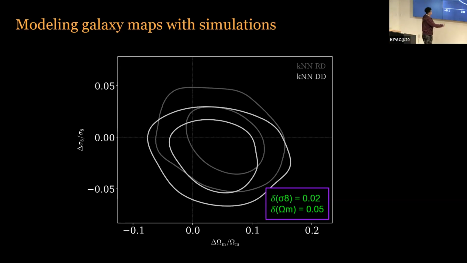So these are two cosmological parameters. This is the amount of dark matter there is in the universe, and this is the amplitude, or the height of the density peaks, in the universe. This is what's called a contour constraint.